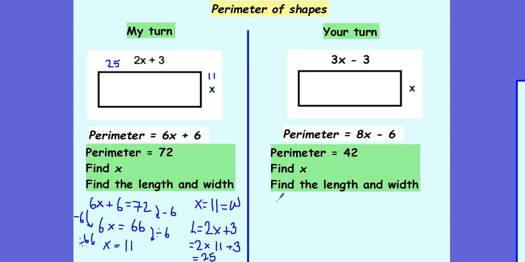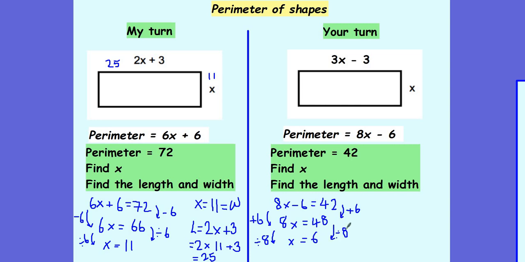Okay, this time I've got that 8x take away 6 is equal to 42. If I add 6 to both sides to get rid of that negative 6, I get that 8x is equal to 48. I then want to divide by 8, which tells me that x is equal to 6.